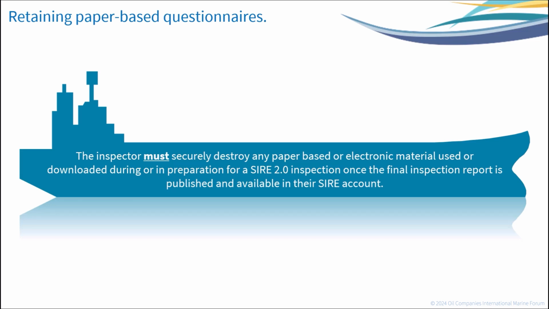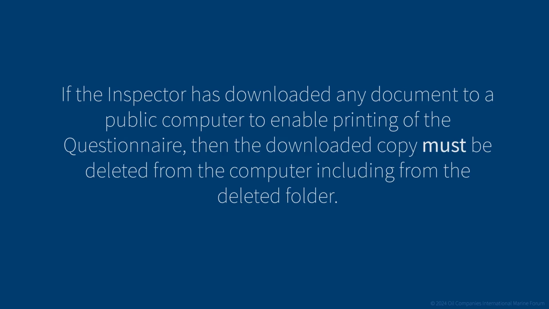Any paper-based or electronic material used or downloaded by the inspector during or in preparation for a SIRE 2.0 inspection must be securely destroyed once the final inspection report is published and available in their SIRE account. If the inspector has downloaded any document to a public computer to enable printing of the questionnaire, then the downloaded copy must be deleted from the computer, including from the deleted folder.